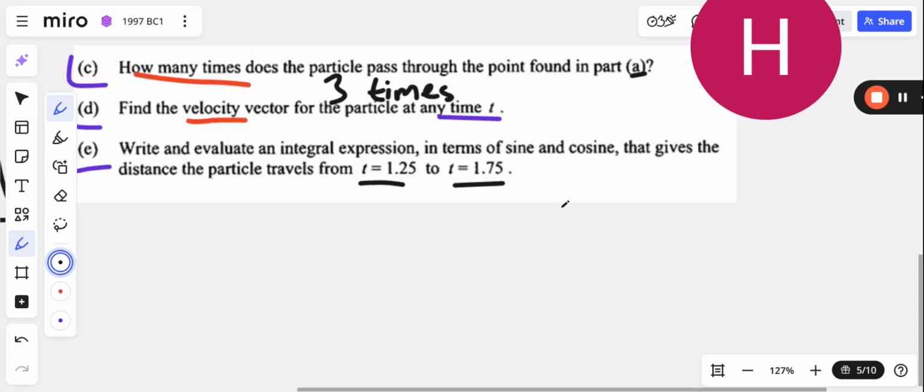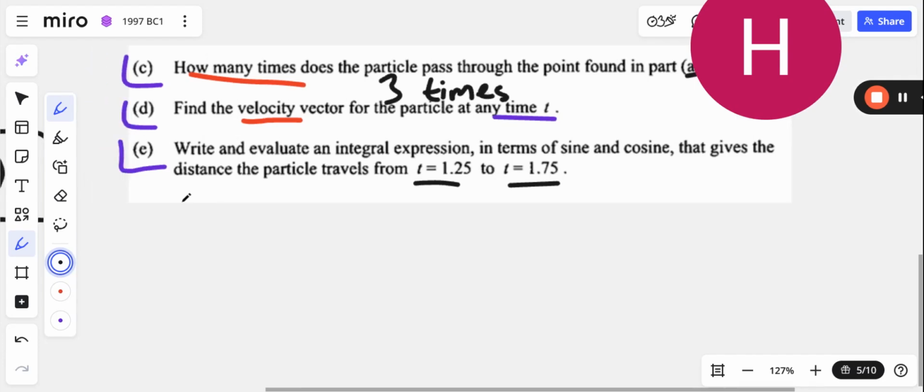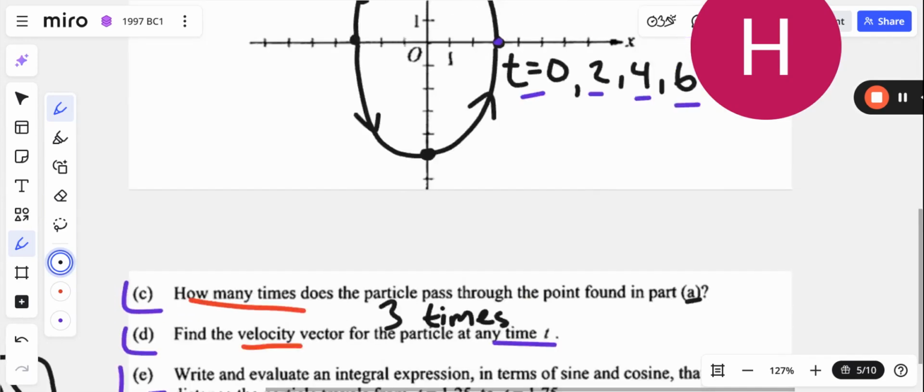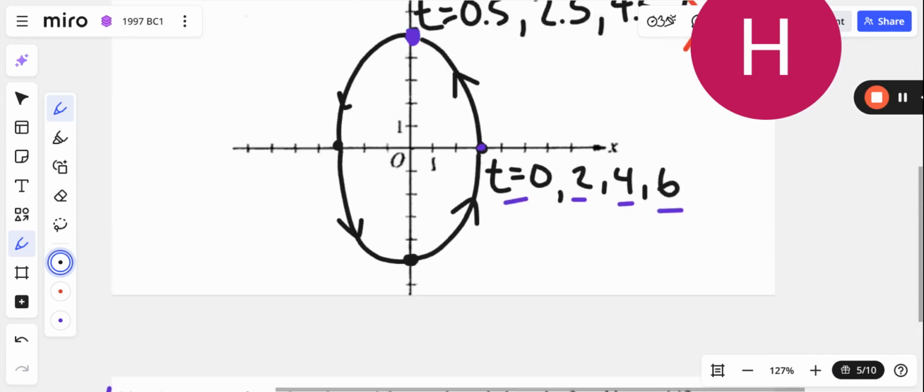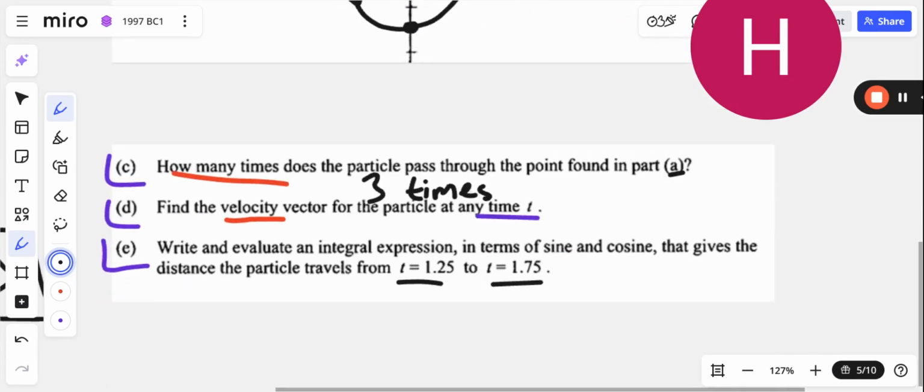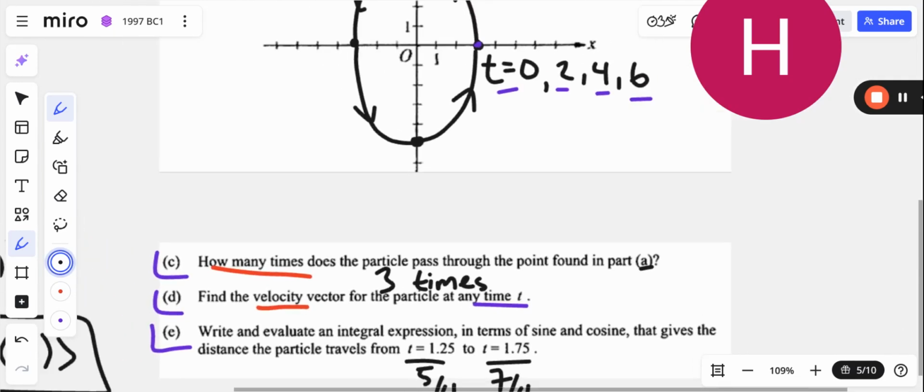Well, just from 1.25 to 1.75 is nice, because it could get a little confusing if it were to repeat or trace over itself for a while. We wouldn't need to do that. But in this case, 1.25 to 1.75, we could also think of this as 5/4 and 7/4, by the way.